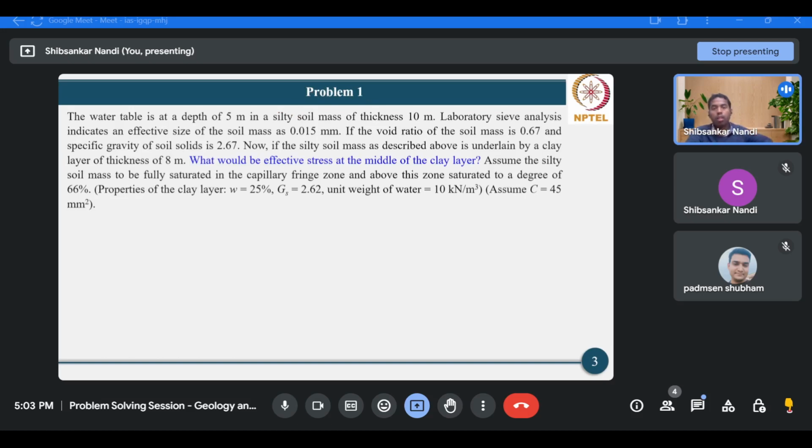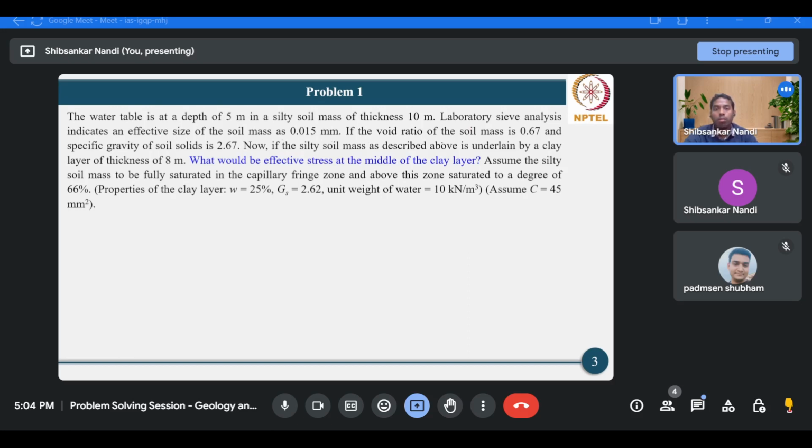So this is our first problem for this session. This is related to the determination of effective stress. First let me read the problem statement once. The water table is at a depth of 5 meter in a silty soil mass of thickness 10 meter. Laboratory sieve analysis indicates an effective size of the soil mass as 0.015 millimeter.